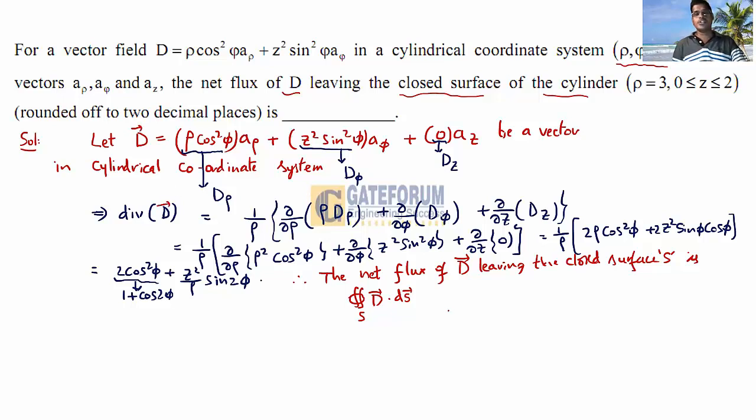So according to the Gauss divergence theorem, this is the integral over V of the divergence of the vector D dV. You can write a single integral or a triple integral, no problem; both are the same by the Gauss divergence theorem.